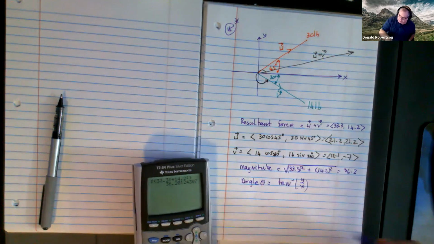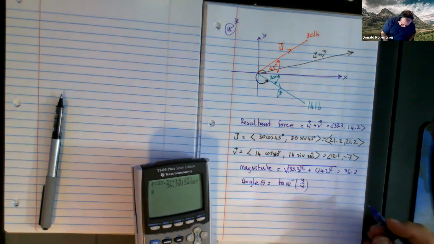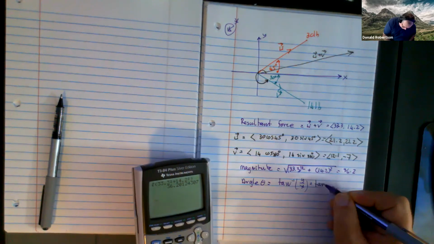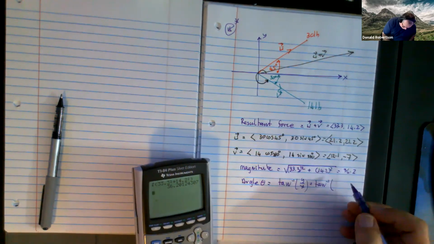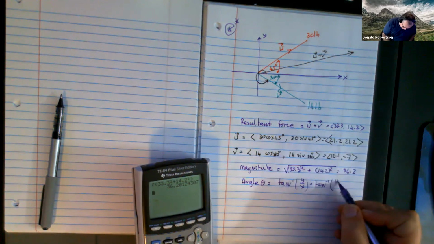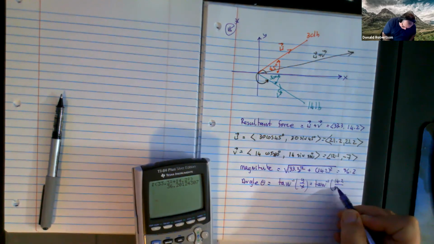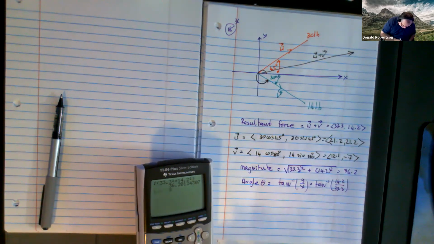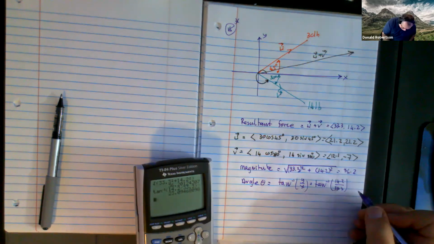But if you want to do that little right angle thing that some of you were mentioning, that will work as well. So it's going to be the inverse tangent of the y component, 14.2, over the x component. So inverse tangent of 14.2 divided by 33.3, and the answer we get is 23.1 degrees.